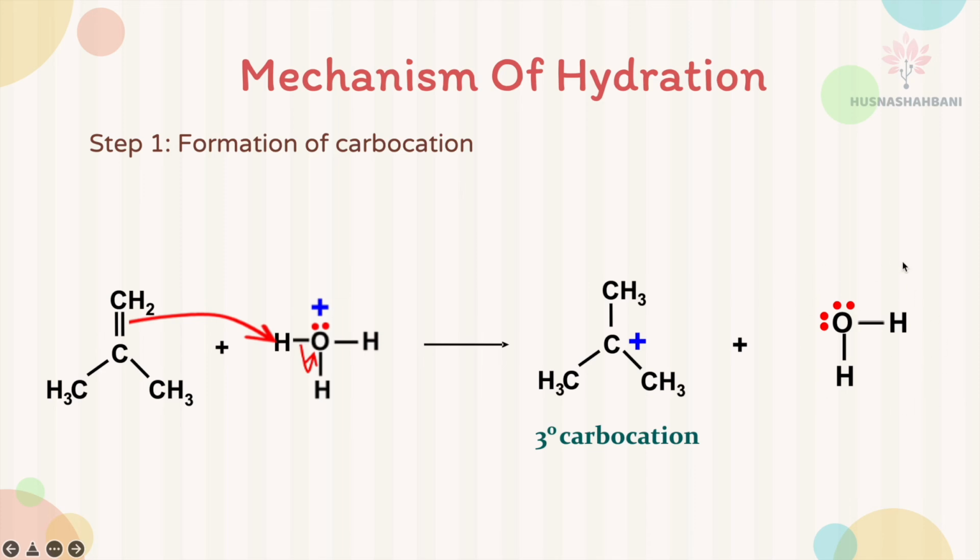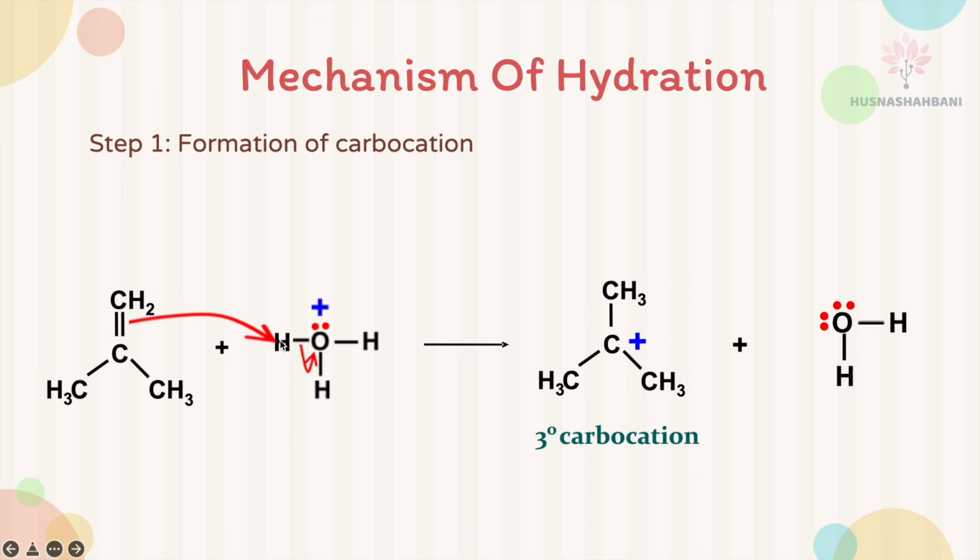So the products are water and carbocation. One of the carbons forms a bond with the hydrogen, another carbon becomes a carbocation, and the product is a tertiary carbocation here. Tertiary carbocation, it follows Markovnikov's rule.